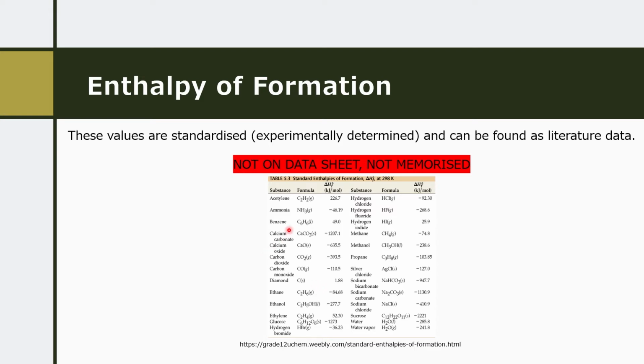So you won't find any of these enthalpies of formation on a data sheet. You also don't have to memorize the enthalpy of formation for any substance. If you're going to do a question that requires you to use enthalpy of formation, you'll be given it in the question itself. So let's go have a look at a practice question to see how that will work.